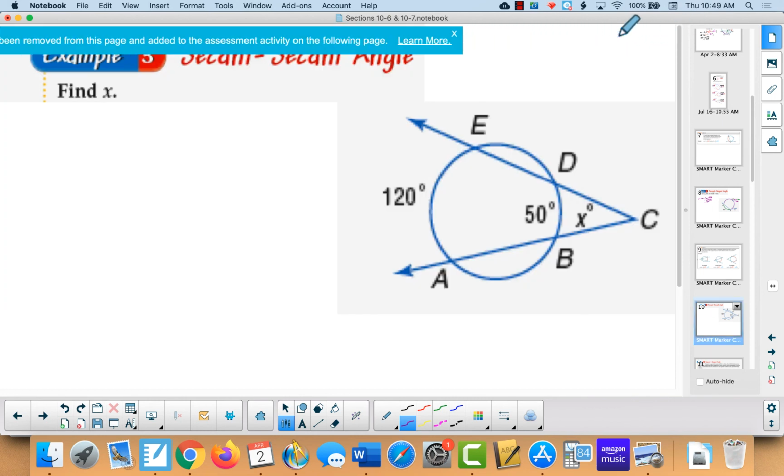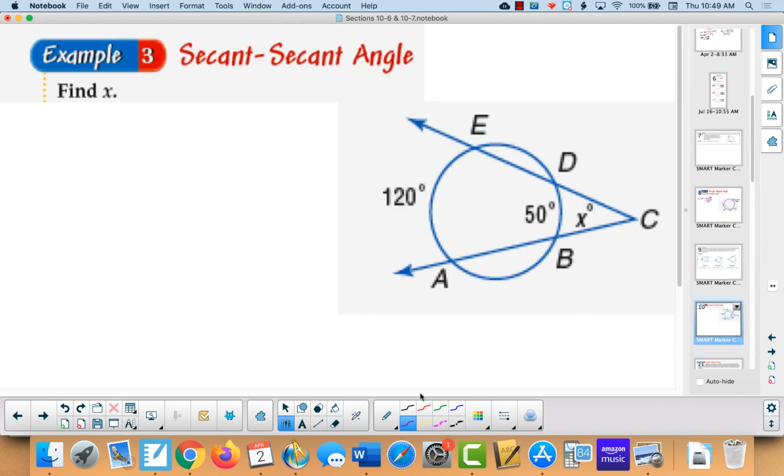So here I have my secant. The very first thing I want to do is see where the vertex is outside the circle. So I know my formula is that it's going to be 1/2 the difference of its intercepted arcs. Then I need to find the intercepted arcs, AE and BD.